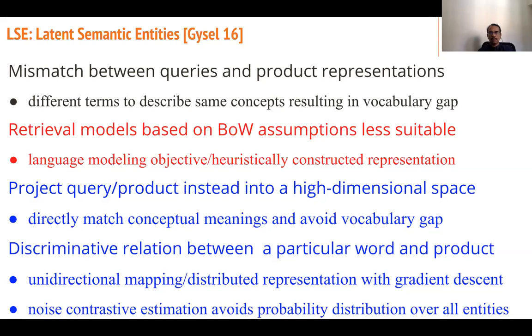Thus, conceptual meaning can be directly matched and the vocabulary gap can be avoided. The discriminative relation between a particular word and product is learned through unidirectional mapping, distributed representation with gradient descent, and noise contrastive estimation to avoid a probability distribution over all entities.